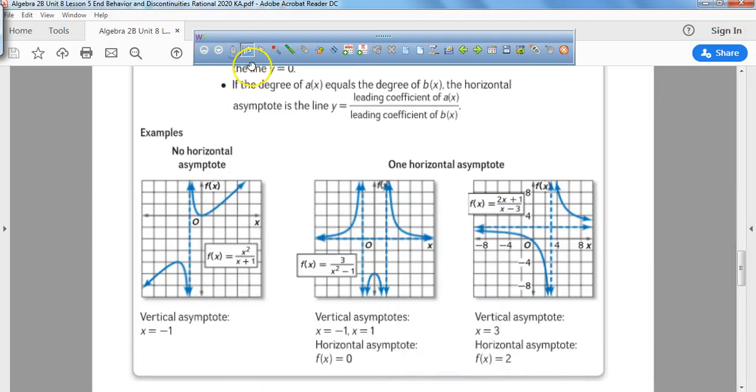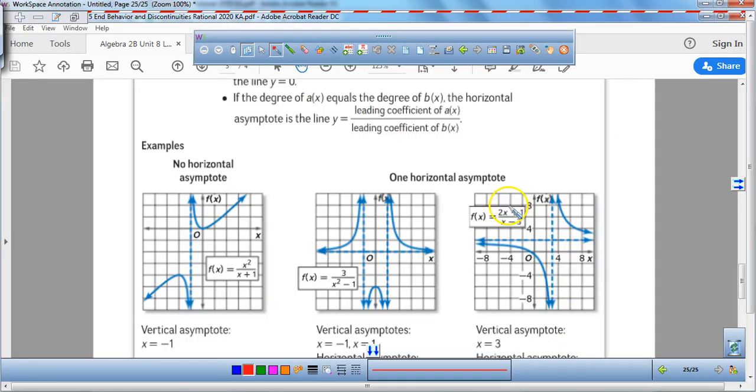Okay, and then we have one more. We have a situation where we have a vertical asymptote at 3. But we also have a horizontal asymptote at 2 because it follows the third rule. You'll notice right here, this power is 1, and this power is 1, and whenever you have the same power, then whatever the coefficients in front of those powers are, you just do 2 divided by 1.